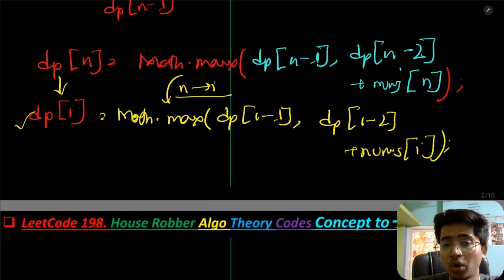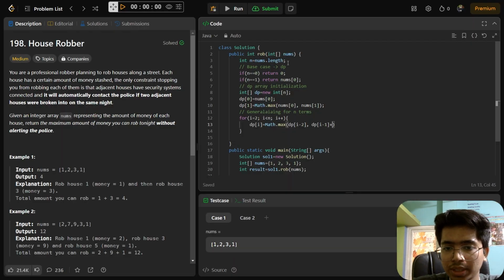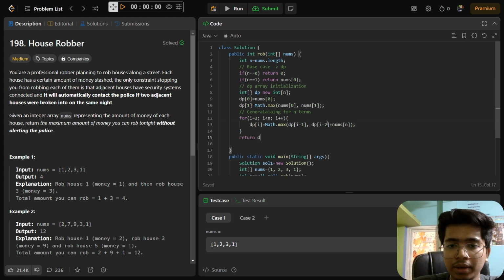The case was dp of I minus 1 or dp of I minus 2 plus the cost of nums of I. We just made a typing mistake. So either we are selecting dp of I minus 1 or we are selecting dp of I minus 2 plus nums of I. It will return the maximum one. Now we'll return dp of n minus 1.